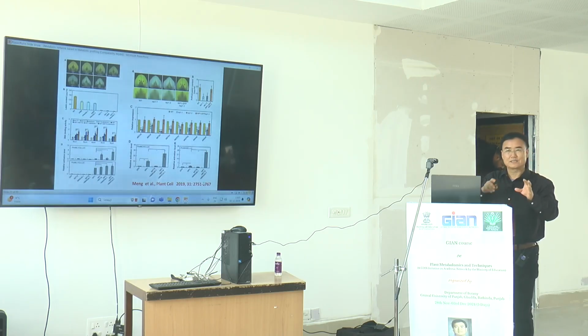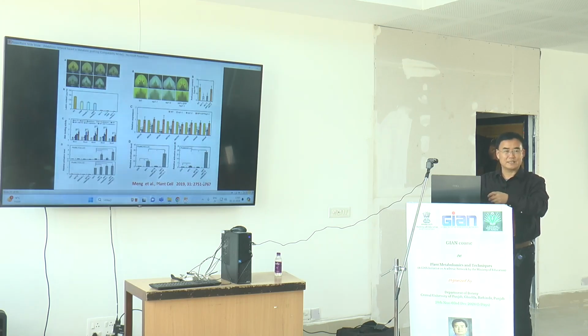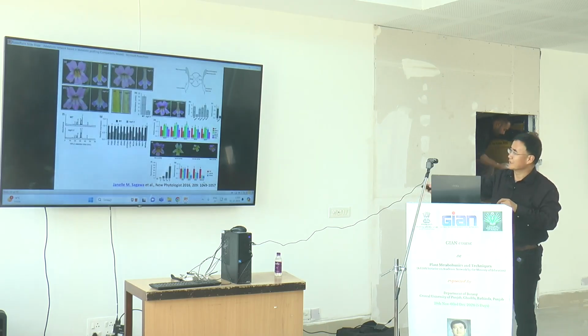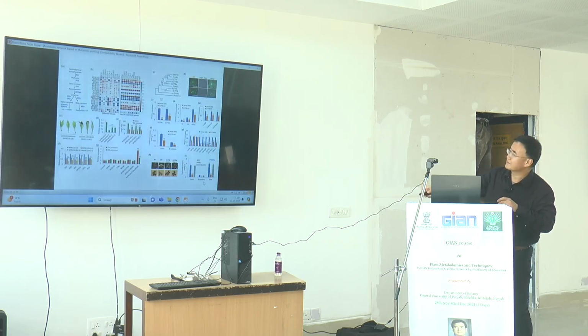That means it mainly regulates the carotenoid, but also regulates anthocyanin. So both papers confirm this point, which means that probably in most plants the regulatory mechanism functions in a similar way.